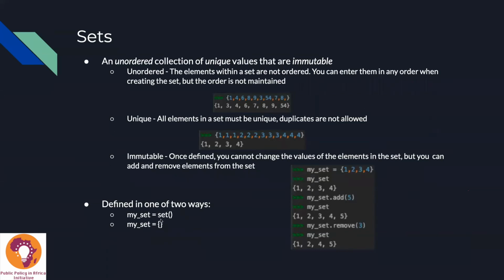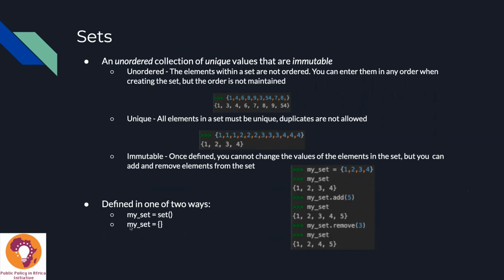Something to call out here. It's always better to define your sets using set notation or using the constructor, especially when you're starting out with an empty set. The reason for that is these squiggly brackets are actually used for another data structure as well. So this line here, my_set equals the squiggly brackets, is actually very confusing to a Python developer.